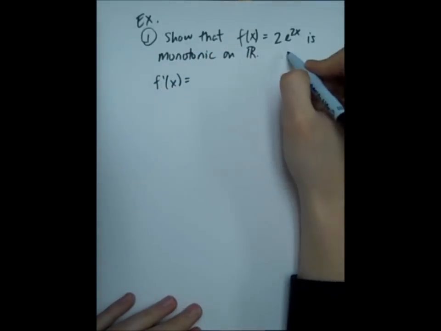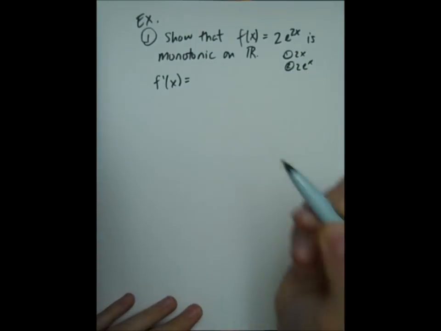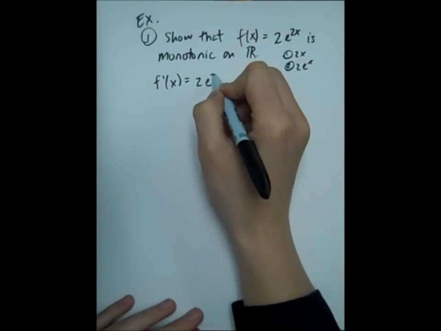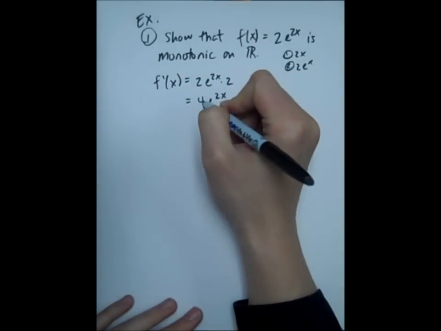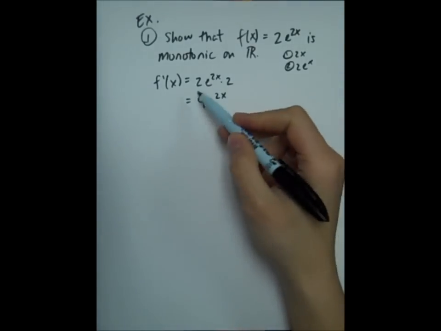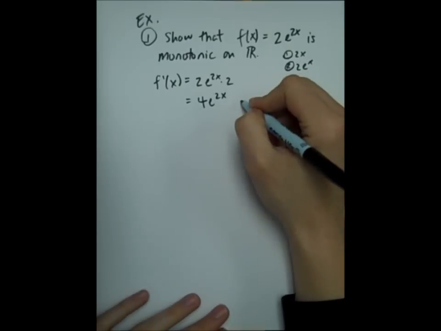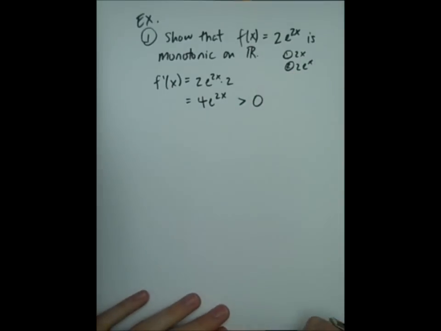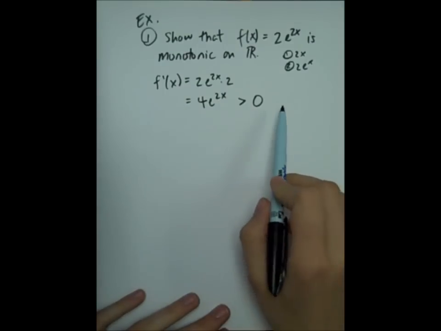To take the derivative, I'm going to have to use the chain rule. So my derivative is going to be 2e to the 2x times 2, which is 4e to the 2x. This function is always positive. It doesn't matter what number you plug in for x, this is always greater than 0. So I just took the derivative and showed that it was greater than 0.